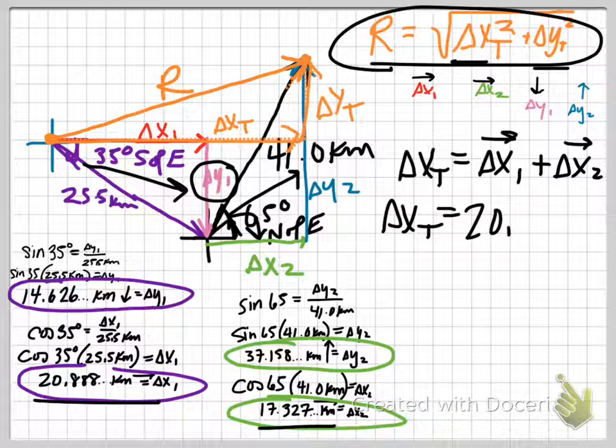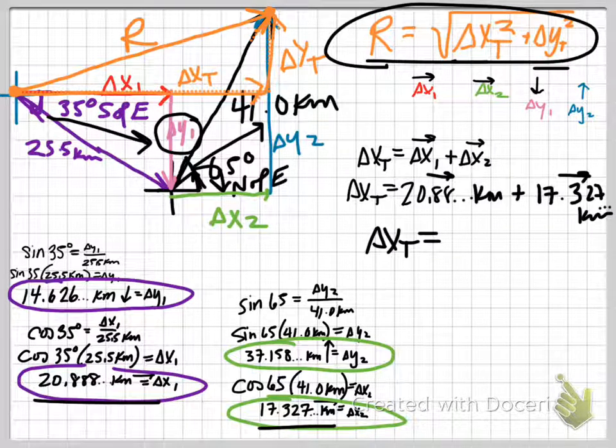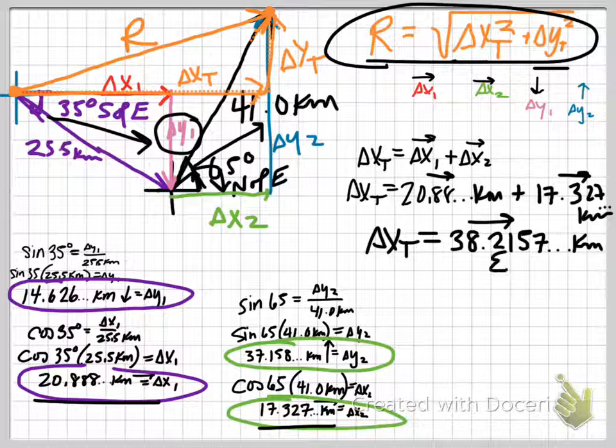So I've got my 20.88. So I've got those written in, and using the TI multi-views, I can just go up and I get a raw answer. And again, I am leaving these unrounded. Do not round. And that is east. So I've got my delta x total.